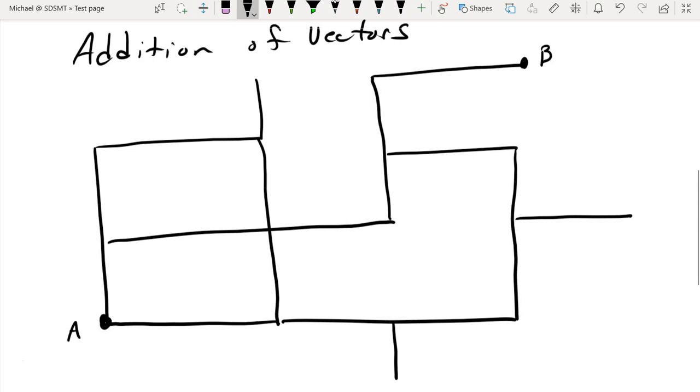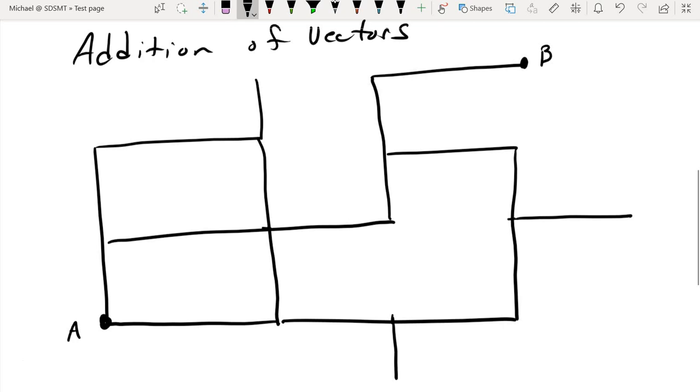But we want to get from A to B, and we'll say that each segment of road is 1 mile or 1 block.